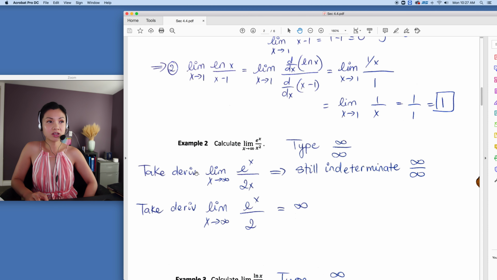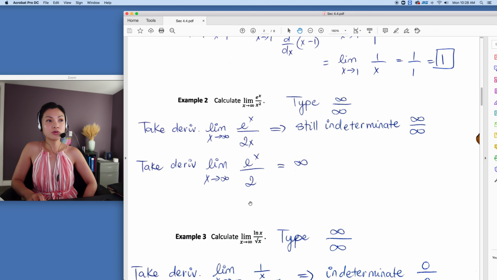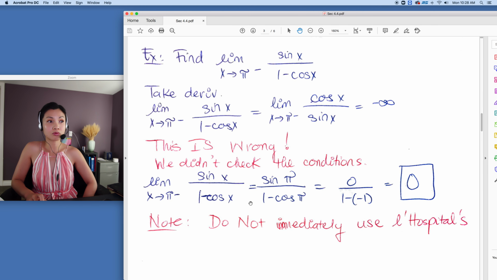When I take the derivative, I still end up with infinity over infinity, so I'm going to take the derivative one more time. The derivative of e to the x is still e to the x, but on the bottom it's 2. So now we know the limit is infinity, because we have infinity in the numerator. All right, moving on to example 3.